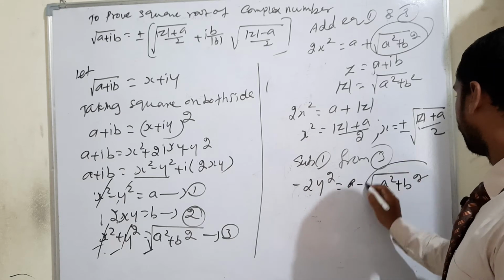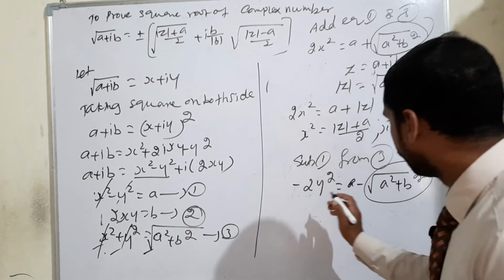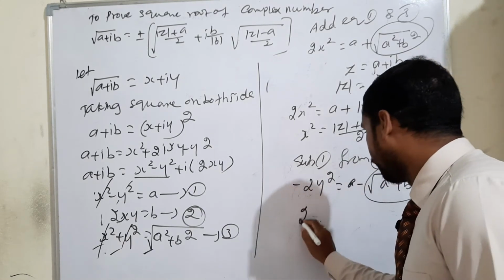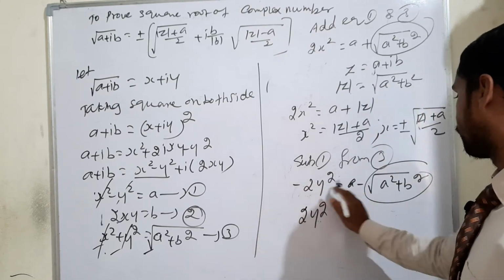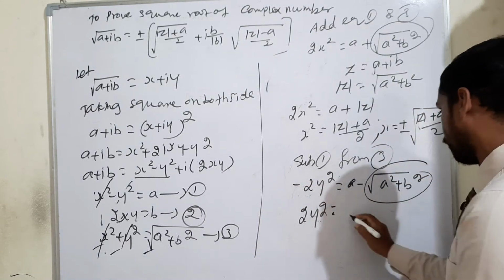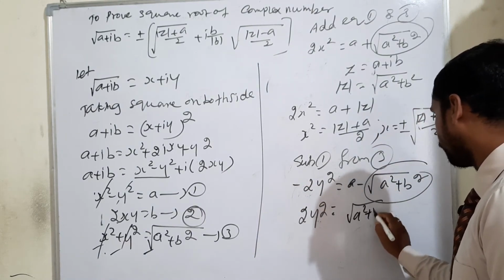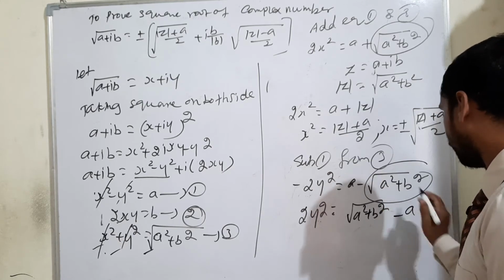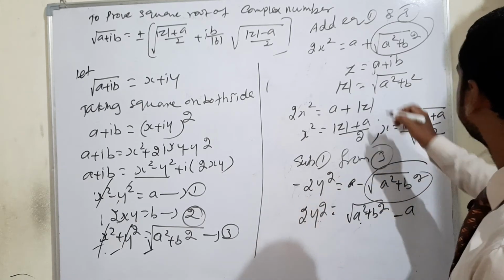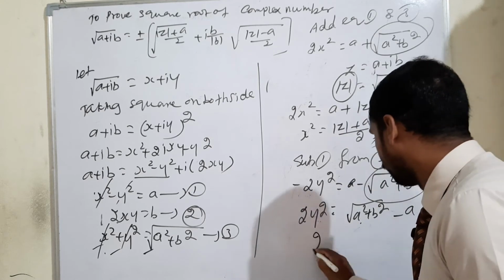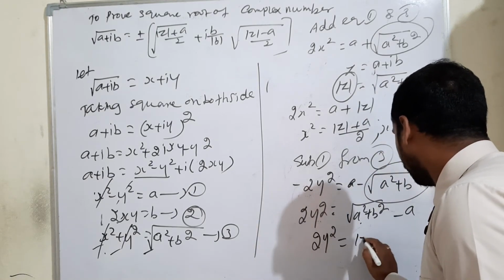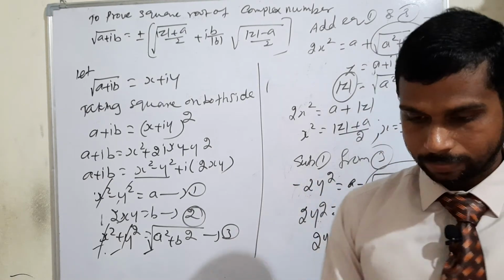Bringing it to the opposite side, 2y square, the minus term changes to positive. Therefore positive root of a square plus b square minus a. So instead of the square root of a square plus b square we can write the modulus of z. Therefore 2y square is equal to modulus of z minus a.